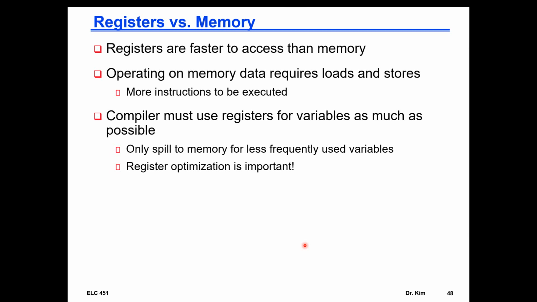So trying to associate variables that are used the most with registers and leave them there as long as possible, and leave the less often used data in memory and bring it as needed. There are a number of algorithms in compiler design on how to do that utilizing graph theory.